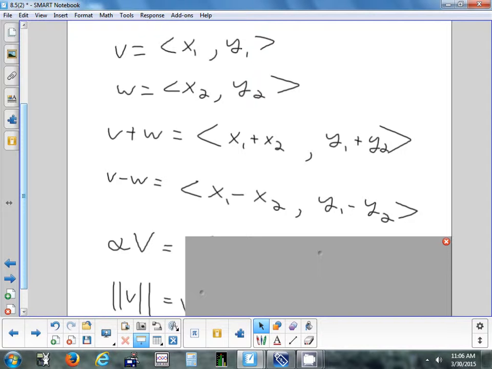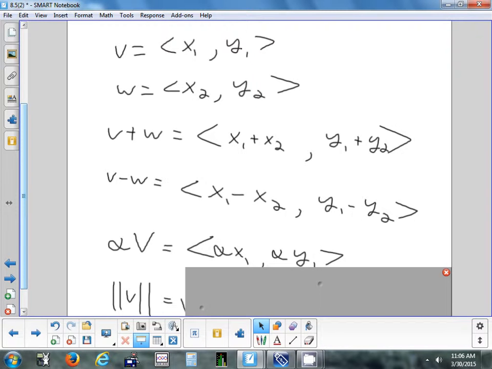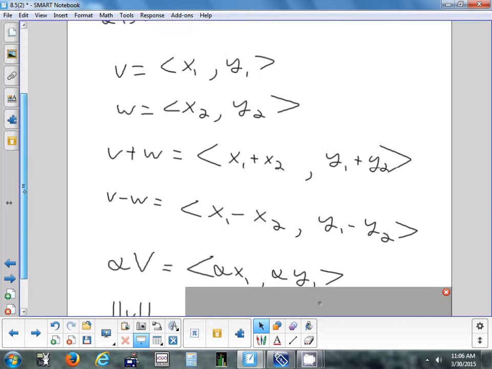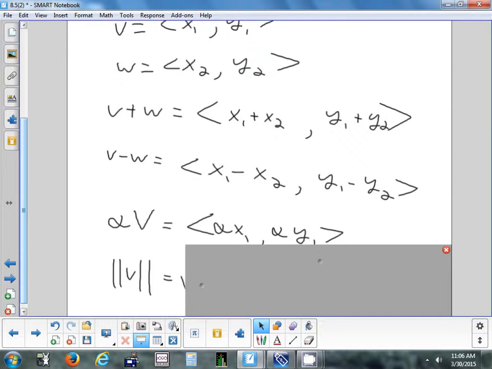Yeah, it's kind of like the distributive property. Just multiply each component by your scalar. Okay, remember, scalar is just a number. If your scalar is bigger than 1, it'll make it longer. Less than 1, it'll make it shorter. And if it's negative, flip the direction.